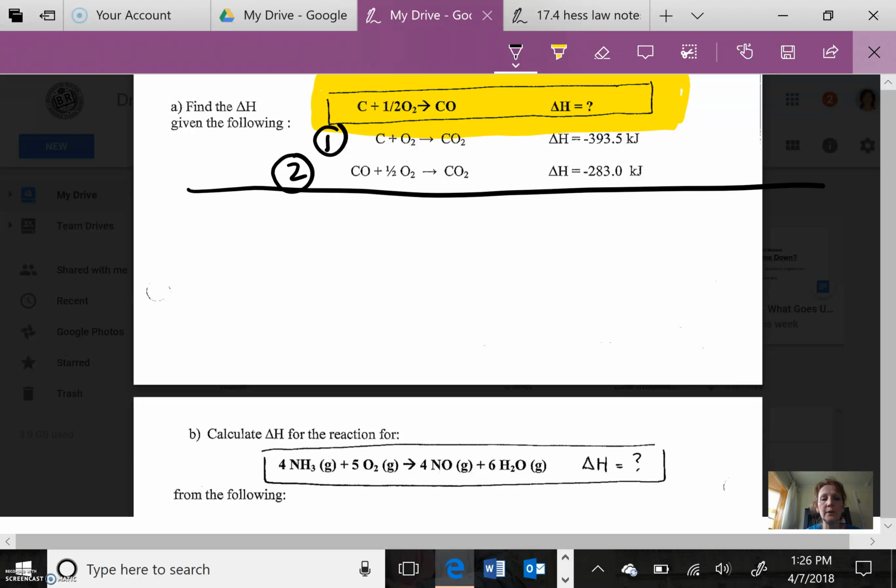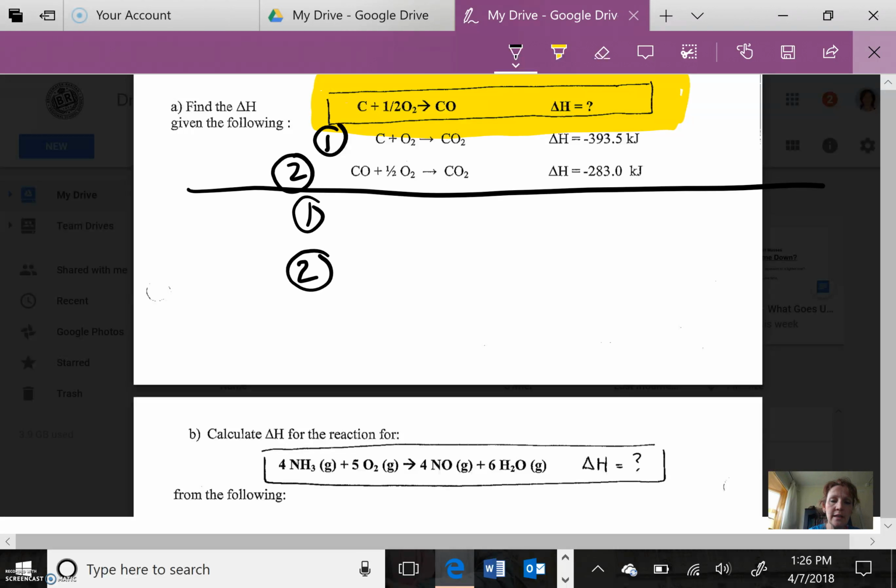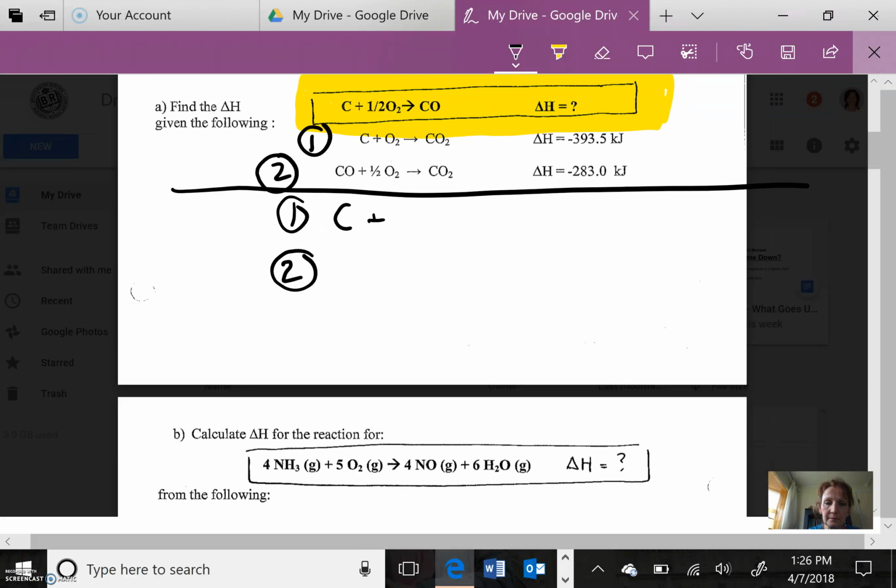What you do is, once you've labeled your reactions 1 and 2, you decide why you need reaction 1 and why you need reaction 2. And we're going to decide what we're going to do to reaction 1. Now, I definitely need reaction 1 because it's one of the two reactions where we start with C. Okay, so I'm going to rewrite this reaction, and then I'm going to rewrite the heat of reaction.